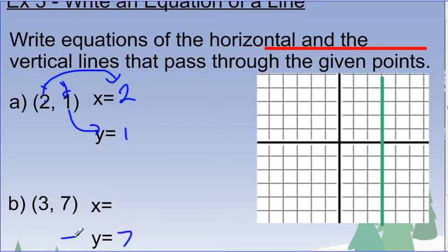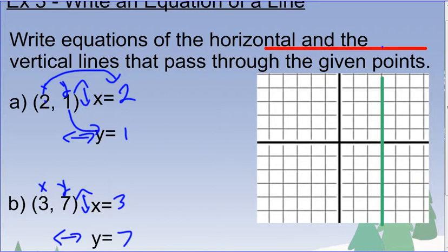That's the horizontal line. The vertical line is where the x values are 3. So the x values are 3, the y values are 7. That's the equation of the vertical line, and that's the horizontal line going through that point (3, 7).